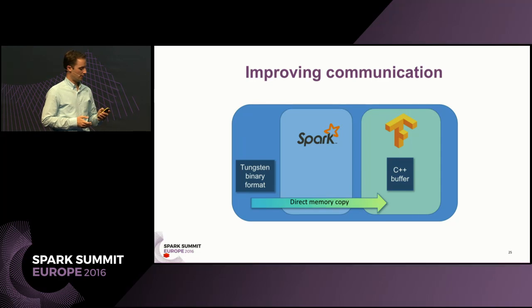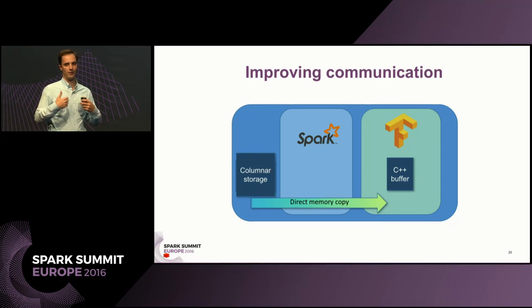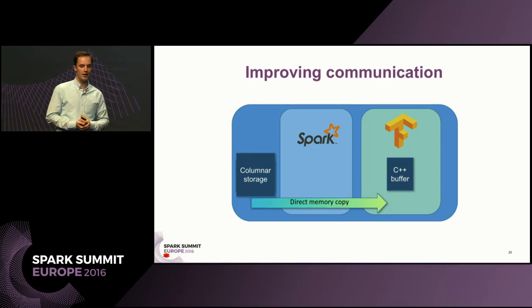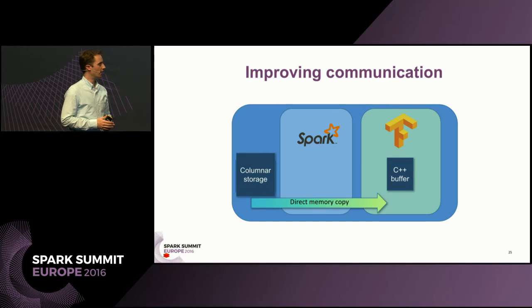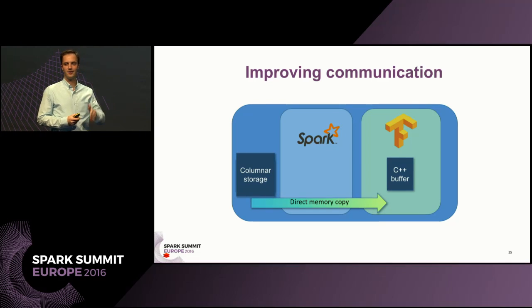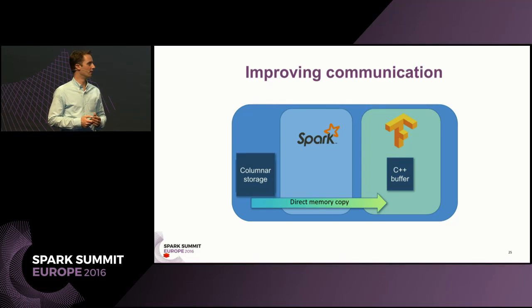And later, in future releases of Spark, more and more data will be stored in columnar storage. So instead of storing the data row by row in memory, it will be stored directly by columns. And in this case, it corresponds exactly to the structure that you'd expect from a mathematical perspective.